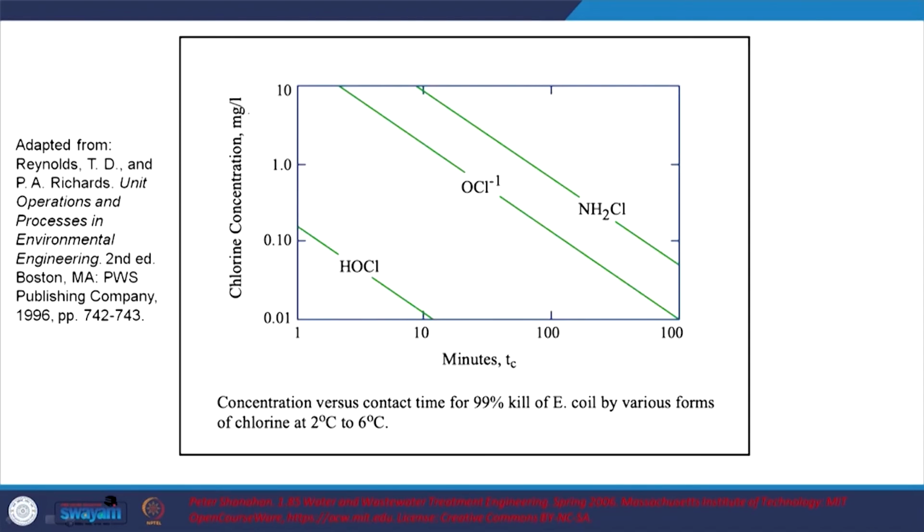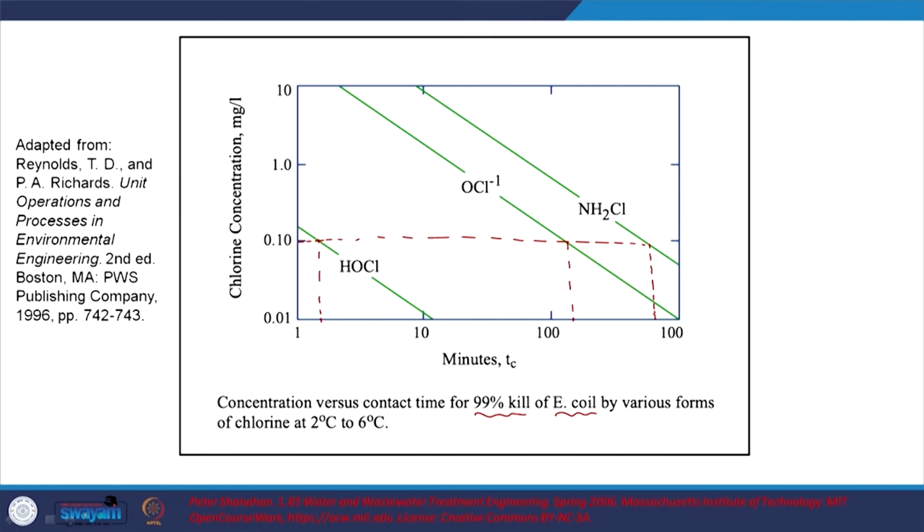Here we have the effective chlorine concentration on the y axis and the contact time in minutes on the x axis: chlorine concentration versus contact time to achieve 99% kill of E. coli by various forms of chlorine. You can see HOCl requires very little time, OCl minus requires a lot more time, and combined chlorine, NH2Cl chloramines, require much more time.